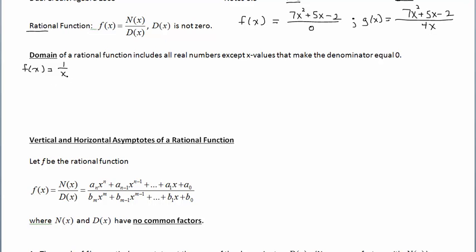Our approach to finding the restrictions on the domain would be to look at the denominator, disregard the numerator, it has no effect on anything, and state that x cannot equal 0, or whatever expression, whatever polynomial function is in the denominator, just set it to not equal 0. So in this case, x can be any value except for 0. So for the domain, we exclude 0 from all real numbers using interval notation.